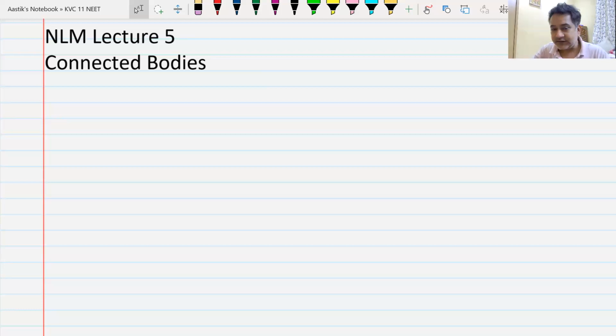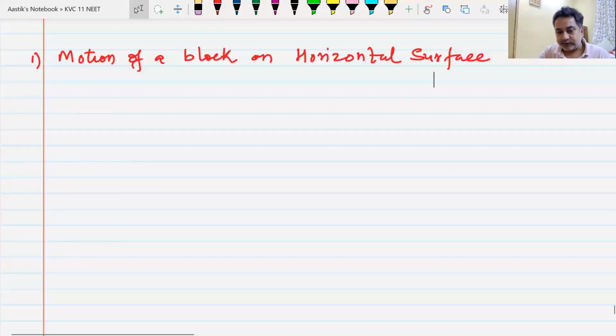So you can write this heading: motion of a block on a horizontal surface. That is the heading.